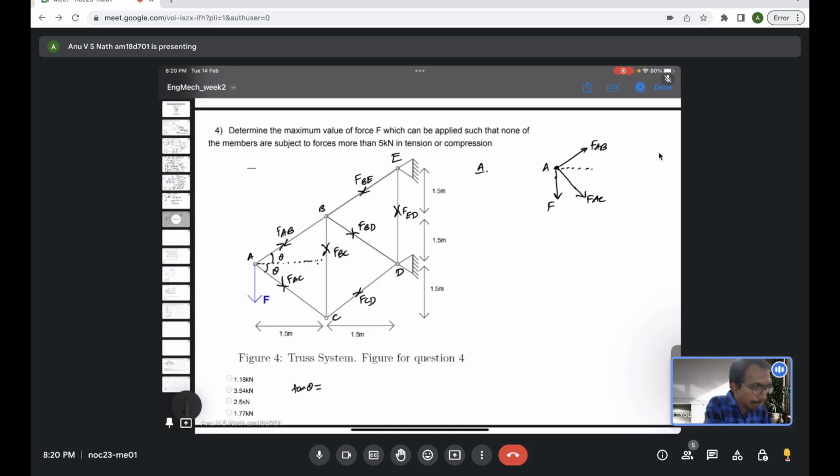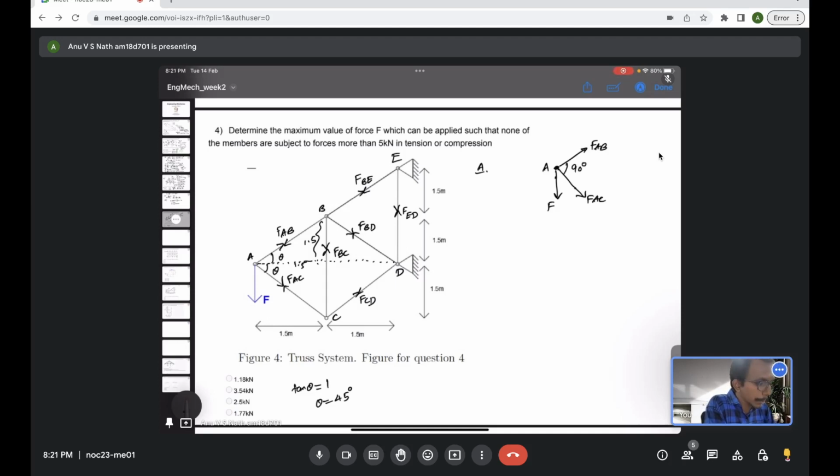So tan theta is 1.5, this is 1.5 given, and this is also 1.5. So tan theta is just 1, so that means theta should be 45 degrees. Okay, so theta is 45 degrees, so 2 theta is 90 degrees, which is this angle.